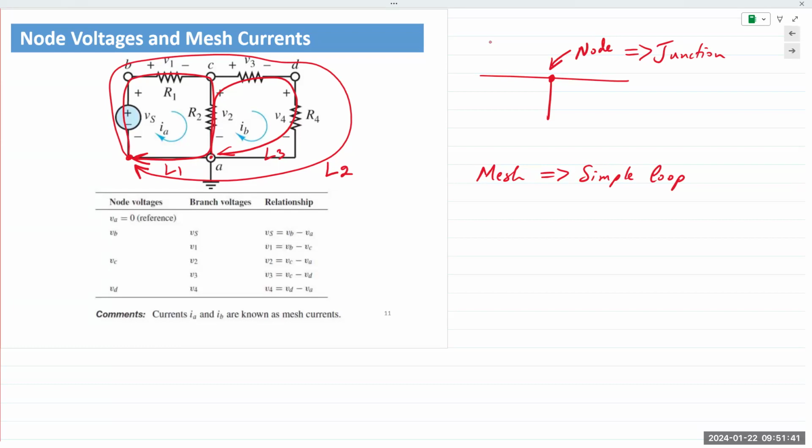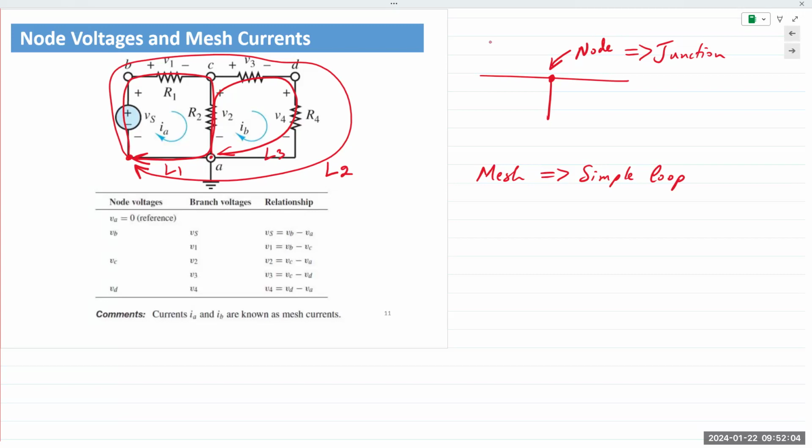Loop one is inside of loop two. That's just words. So L1 and L3 both sit inside L2. Loop one and loop three are both inside loop two.